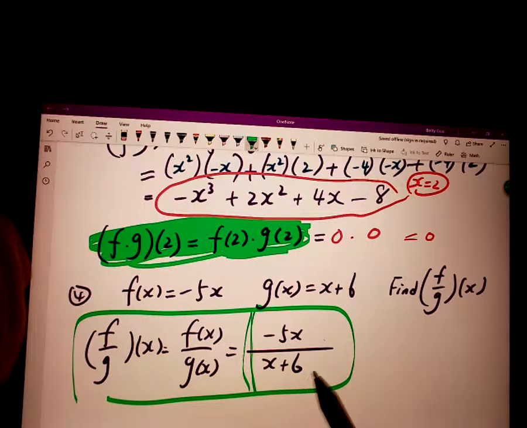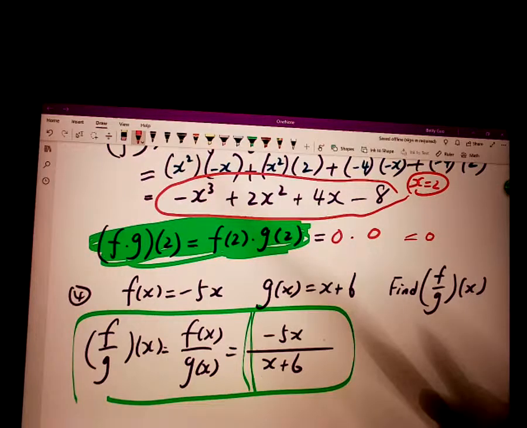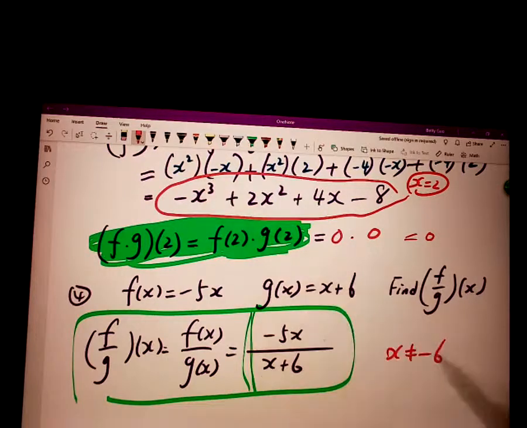So what's the domain? The domain, of course, is x cannot be negative 6, because negative 6 would make the denominator 0.